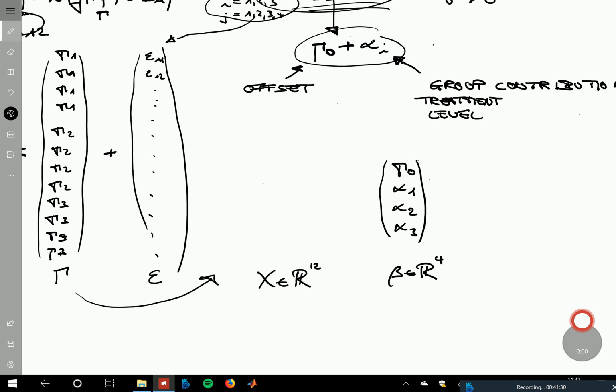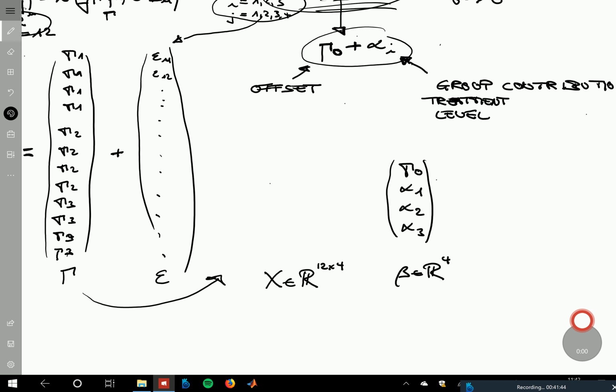So that we can multiply with our beta vector. Four, yeah. And now we just need to fill this design matrix in such a way that actually our mu vector here, so these 4 mu1s, these 4 mu2s, and these 4 mu3s come out if we multiply them with the parameter vector.